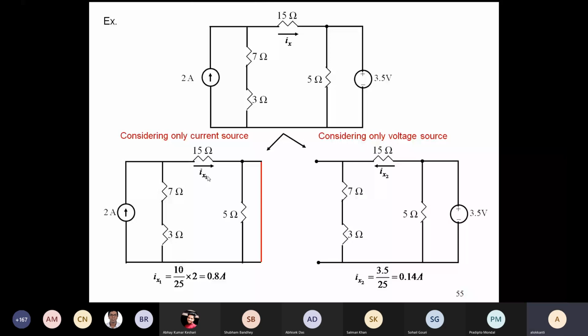So what will be the algebraic sum? 0.66 amperes. So Ix is equal to Ix1 minus Ix2, and it is equal to 0.66 ampere, which can be written as 660 milliampere.